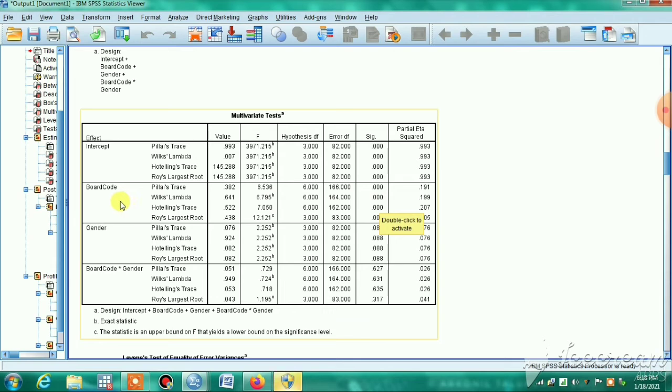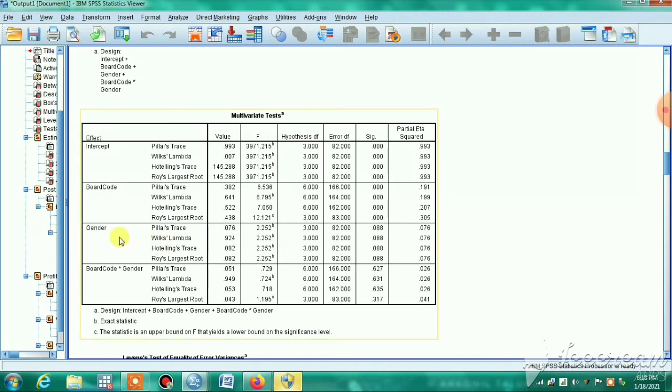Now multivariate tests: intercept and board code are significant. That means in all the criteria, Pillai's, Wilks', Lawley's, Roy's largest root, it shows that a mean difference exists with respect to the different categories of the independent variable. But gender is not significant because it is more than 0.05.